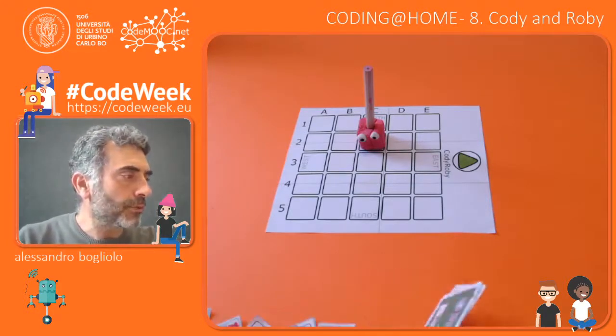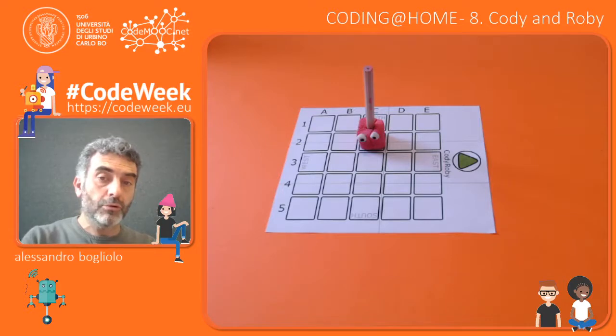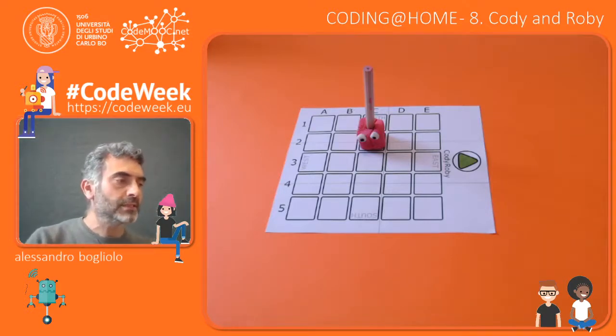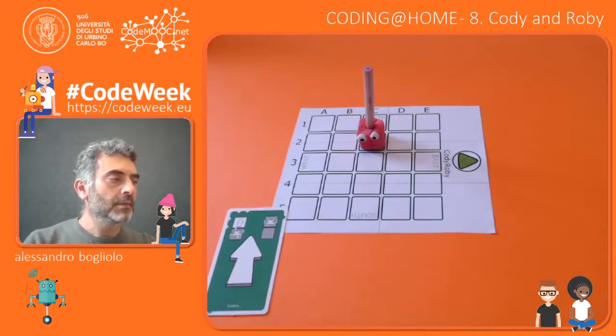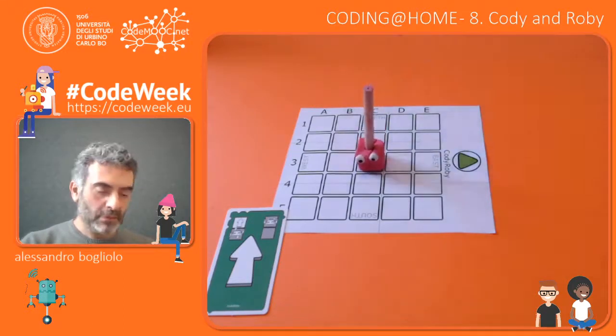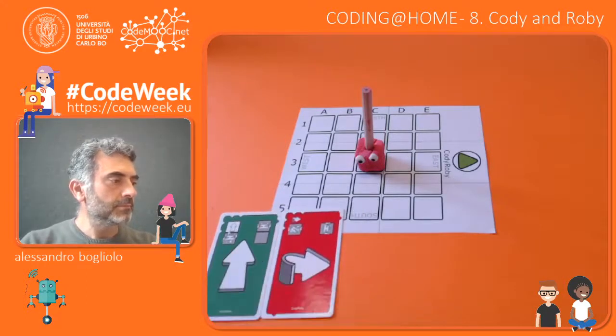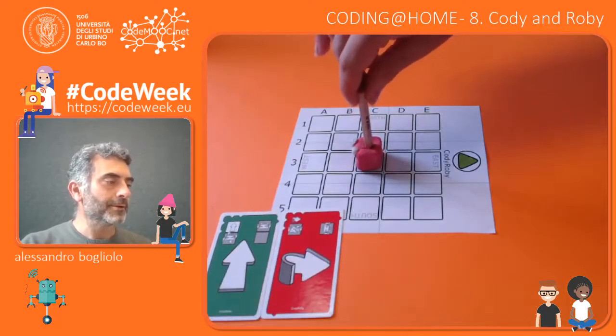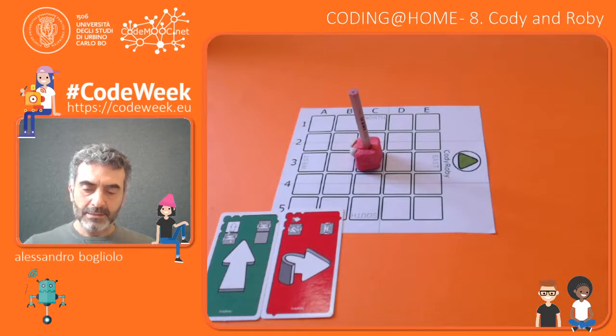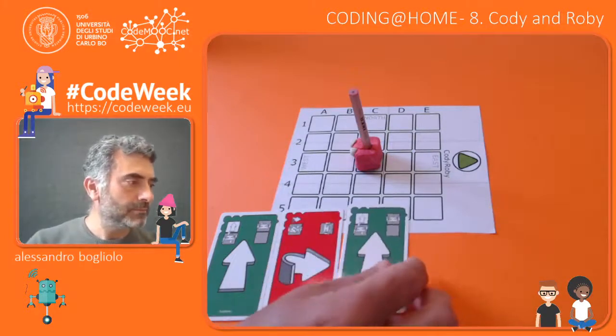And in order to provide instructions, I have to show the instructions. So for instance, if I use this one, Anna, please move accordingly, okay? And then this one, okay? And this one.